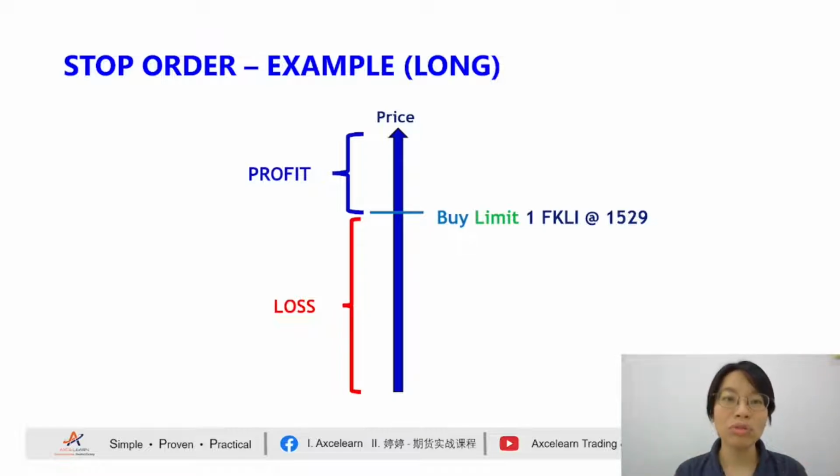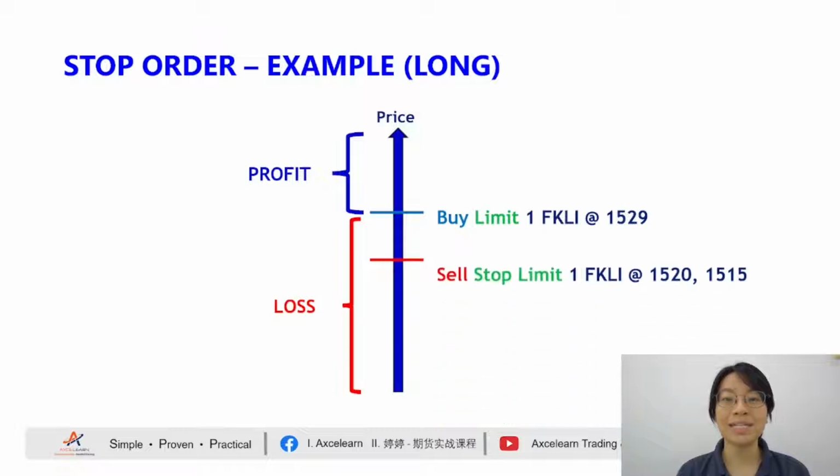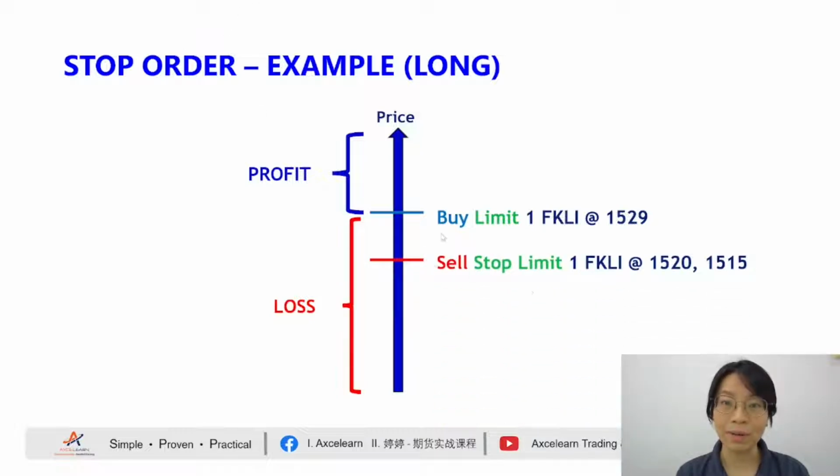We are going to protect our downside, so here is the place to put a sell stop limit. Since this is a buy, this is definitely a sell. So I put a stop limit, one contract at the price of 1520, then a comma, 1515.